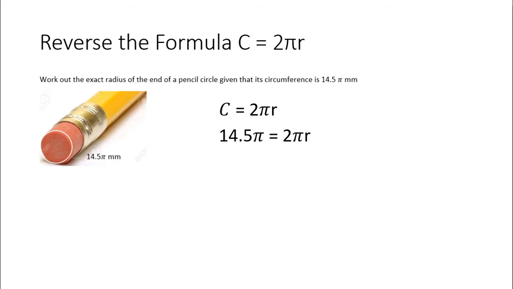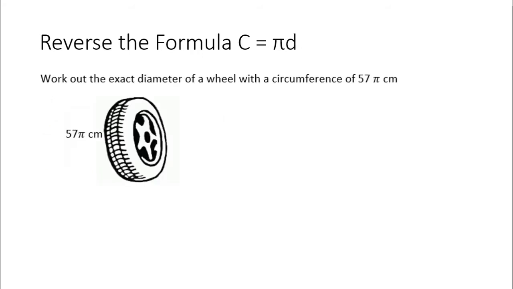It's being multiplied by 2 pi right now. So move that 2 pi to the other side and divide. So we've got 14.5 pi divided by 2 pi. That simplifies down nicely. You can see clearly we can divide both top and bottom by pi. That will cancel out. So we're just doing 14.5 divided by 2, which is 7.25 millimeters. The radius is 7.25 millimeters.